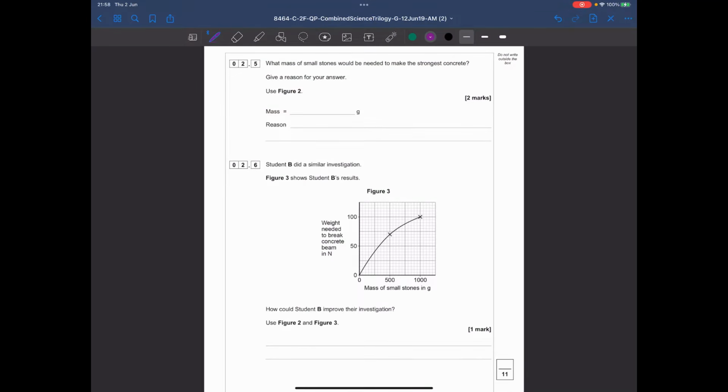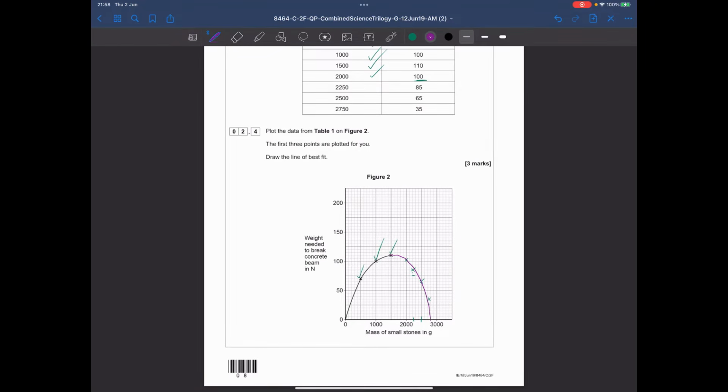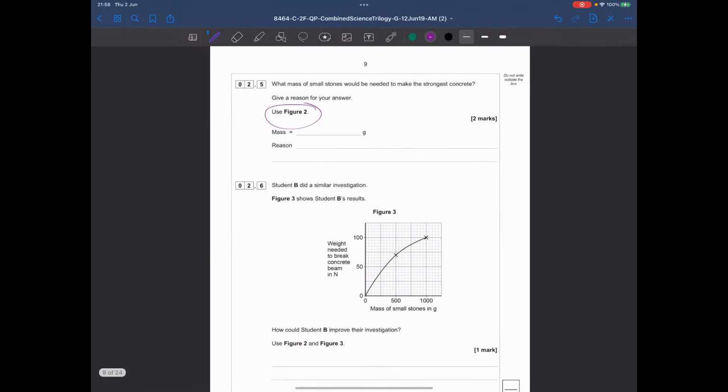Question 2.5. What mass of small stones would be needed to make the strongest concrete? Give a reason for your answer. Use figure 2, so we can go back to our graph and we can see what is the mass of stones that gives us the highest weight. Well, we can go across from our highest weight down, so it should be 1,500.